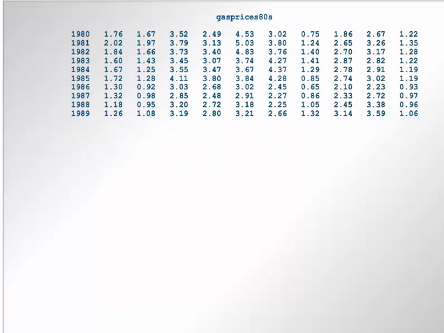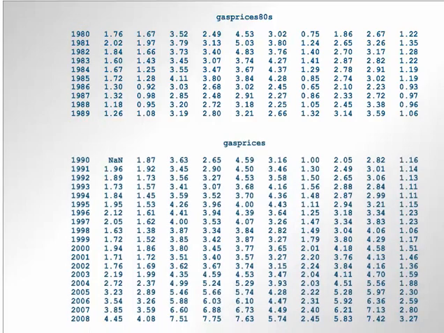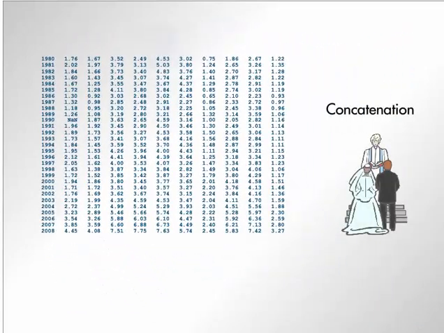If you gather data of the gas prices from 1980 to 1989 and want to combine the data with the original gas prices matrix, which contains the prices from 1990 to 2008, you can use concatenation to combine two arrays together.